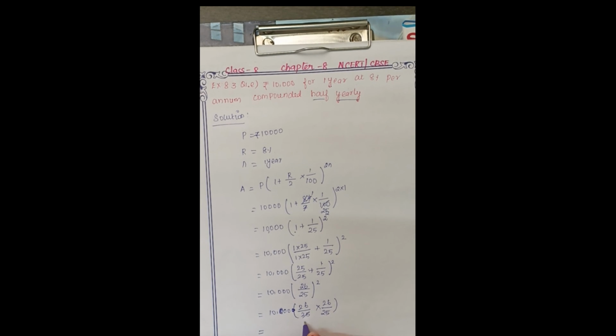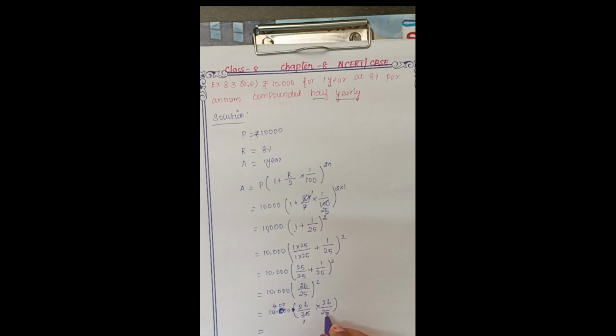So here 1 25s are 25. Here 4 25s are 100. Remaining we have 2 zeros. Again if we cut this 400, we have 16 25s are 400. We can take 16 into 25.